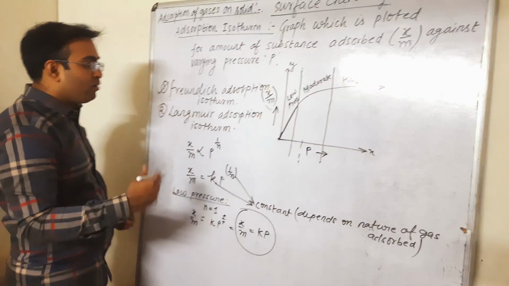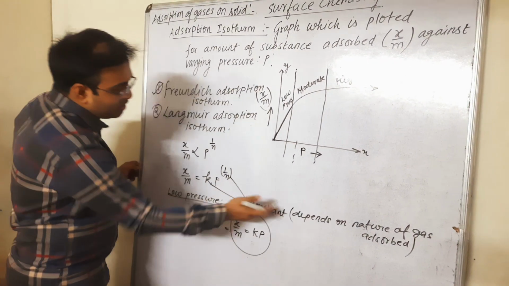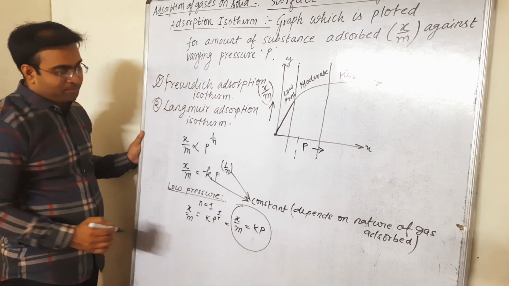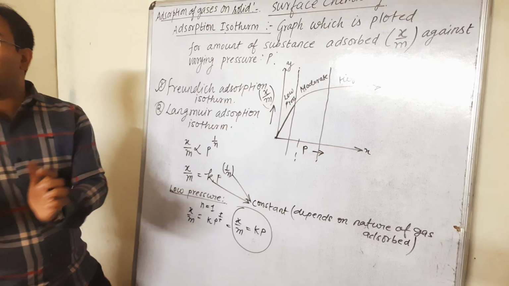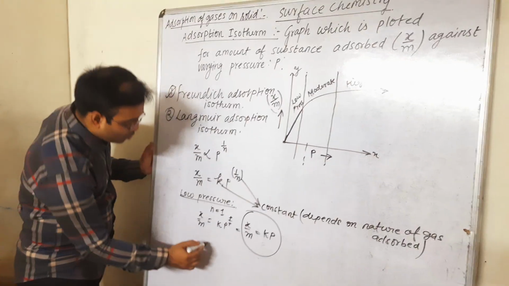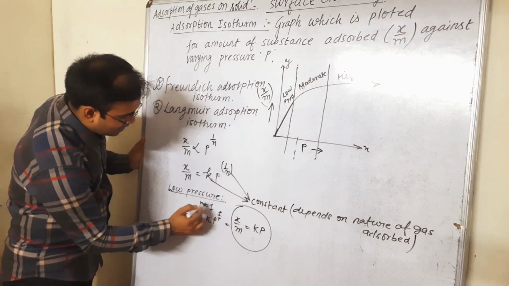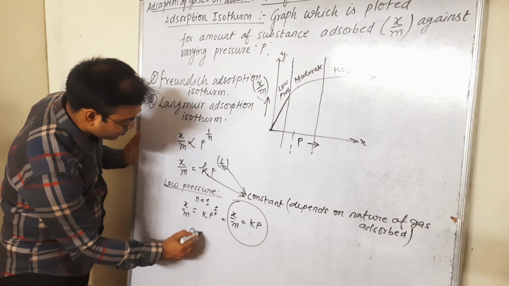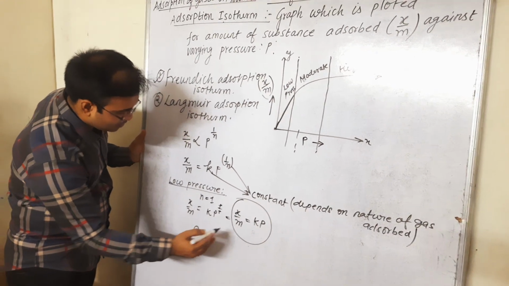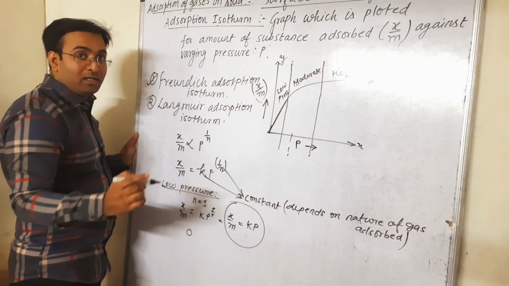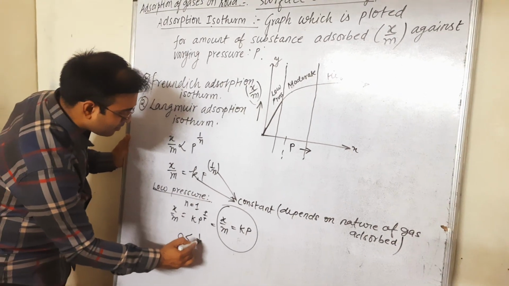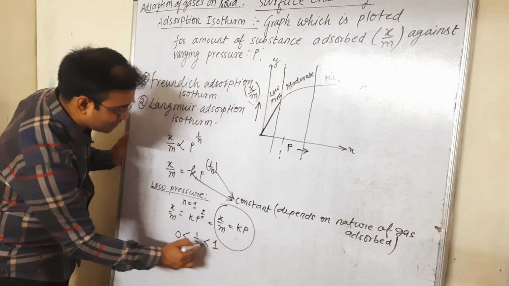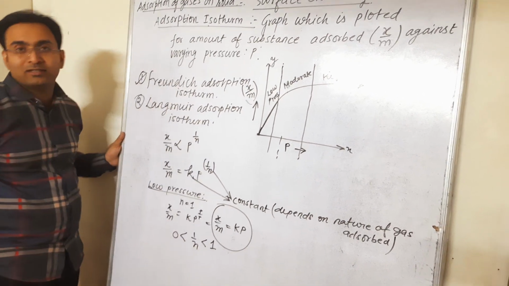Now when we are moving to the moderate region, the value of 1 by n would be lesser than 1 but greater than 0.